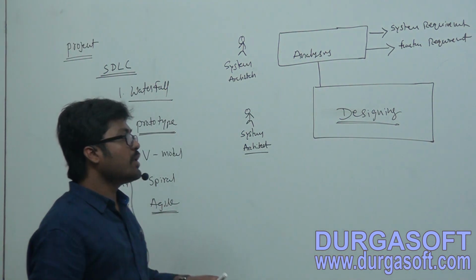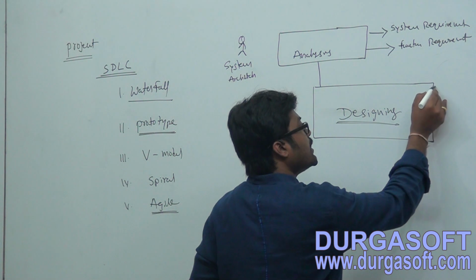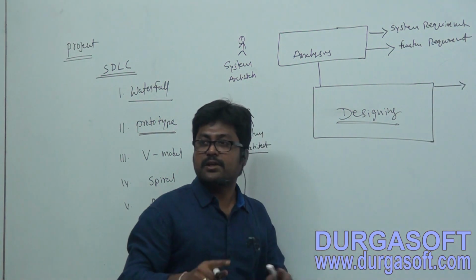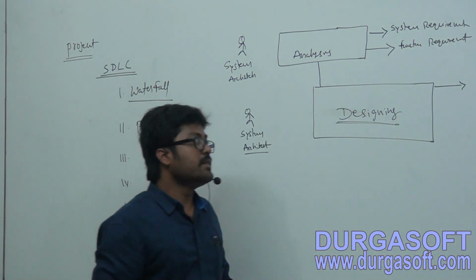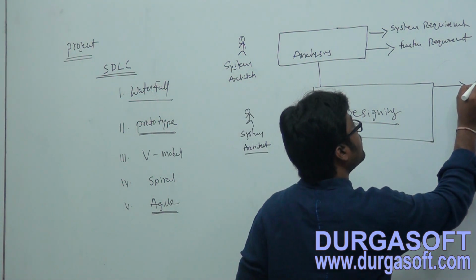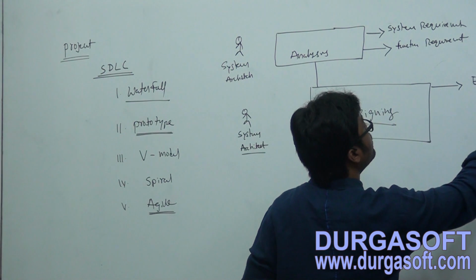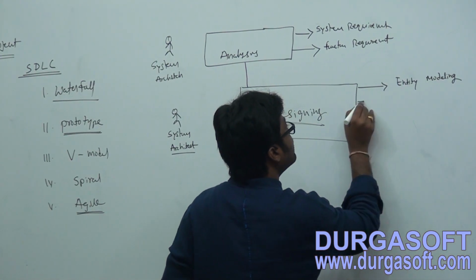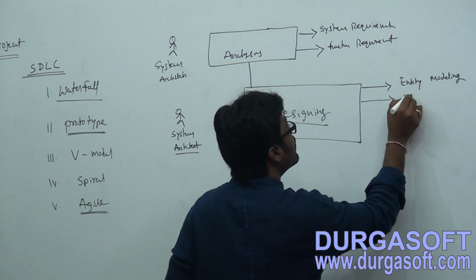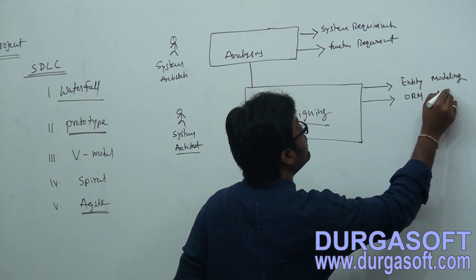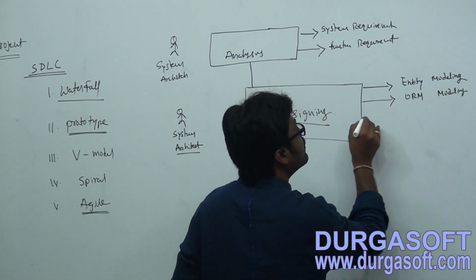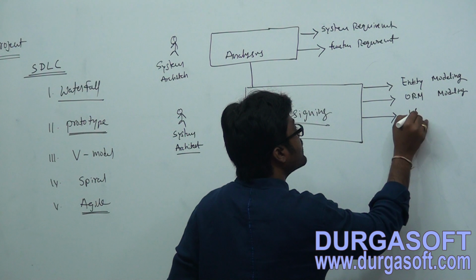Under designing, what do we have to provide? Complete UMLs. UML designings we have to provide. In those UMLs we have to provide entity modeling, ORM modeling, and use case models.